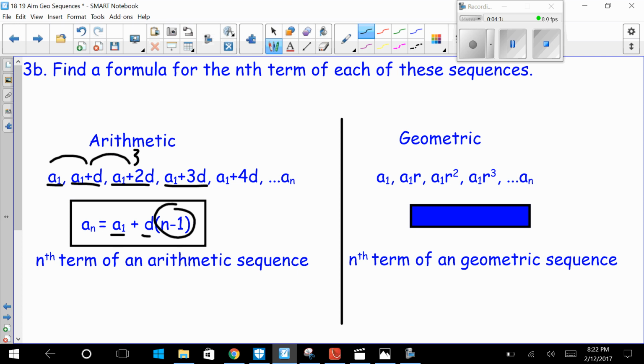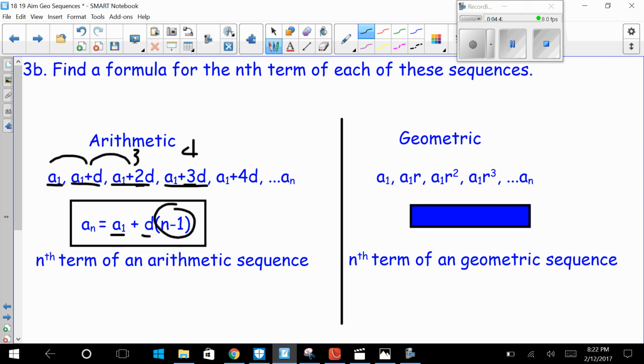To get to the fourth term, you added d 3 times. So to get to the nth term, you're going to add d n minus 1 times. This 2 over here is 1 less than 3.